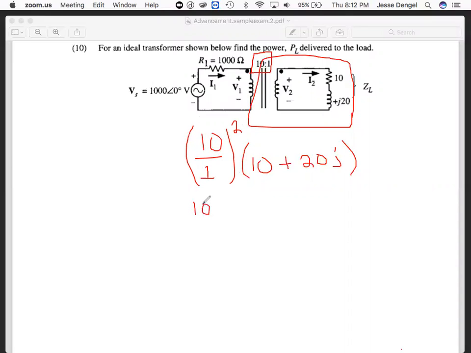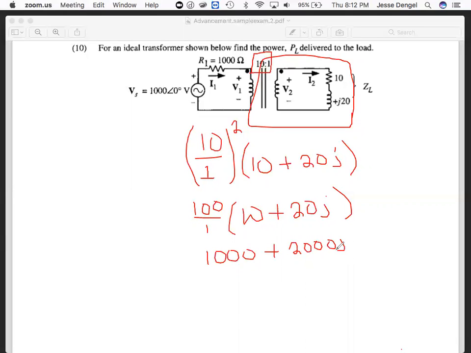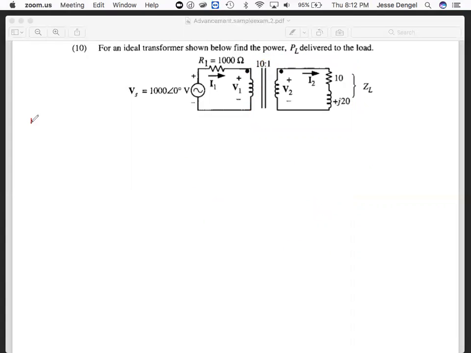So we have 100 over 1 times 10 plus 20J to give us a reflected impedance of 1000 plus 2000J. So remember that 1000 plus 2000J.